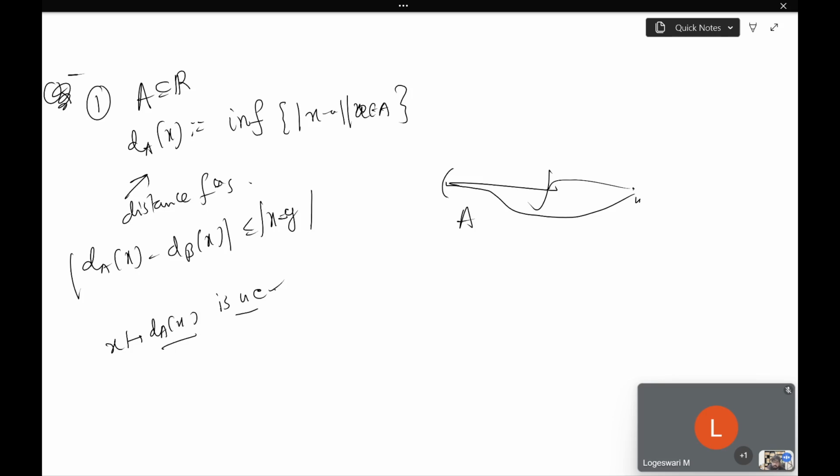So this is one function which is uniformly continuous. How does the graph of the function look?